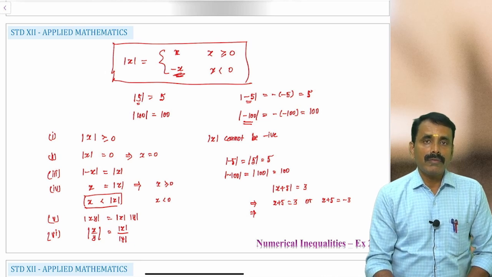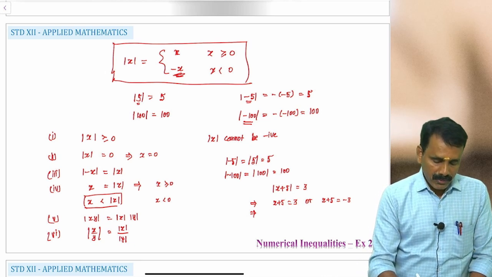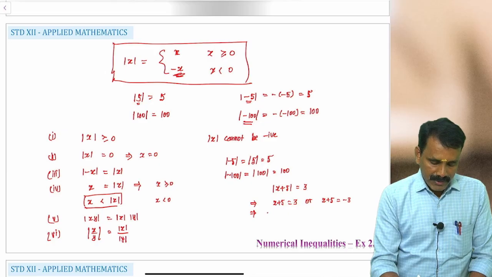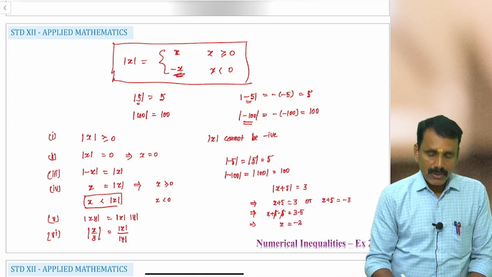How to remove? We have learnt in the previous sessions. We have to add the additive inverse of plus 5. Additive inverse of plus 5 is minus 5. So, it is 3 minus 5. So, x is equal to minus 2.